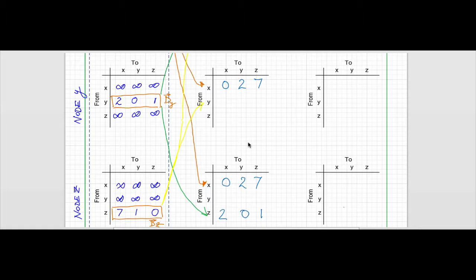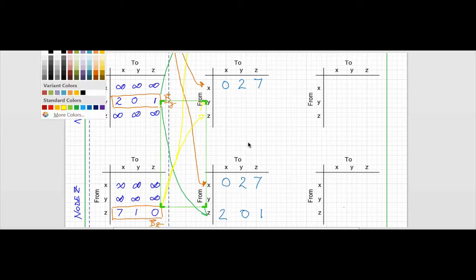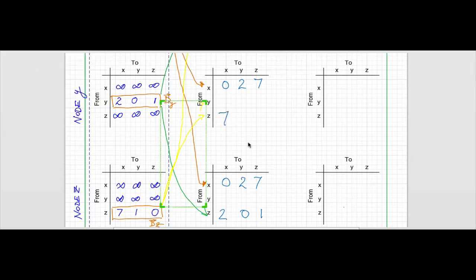Oh, excuse me, I marked it in the wrong place here. Erase it there. It says from Z, it goes all the way to Y, and it says 7, 1, 0. Okay. No, excuse me, I just noticed that I marked this one in the wrong place. When we receive this one from Y, we actually receive it over here.